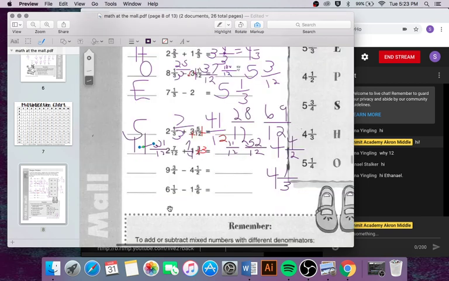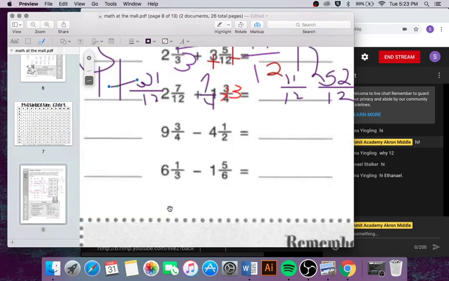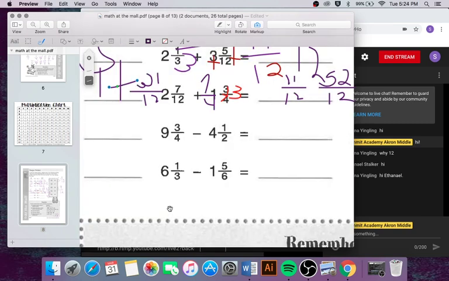Okay. On our next one, we need to convert it to an improper fraction, so we're going to do 9 times 4, which is 36, plus 3, which is going to be 39 over 4.